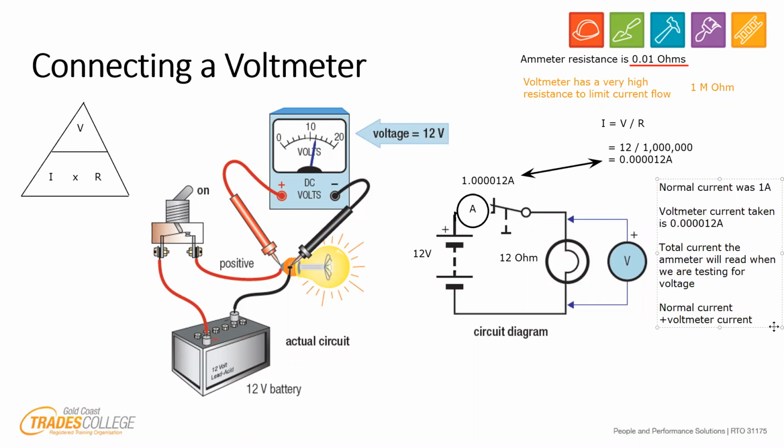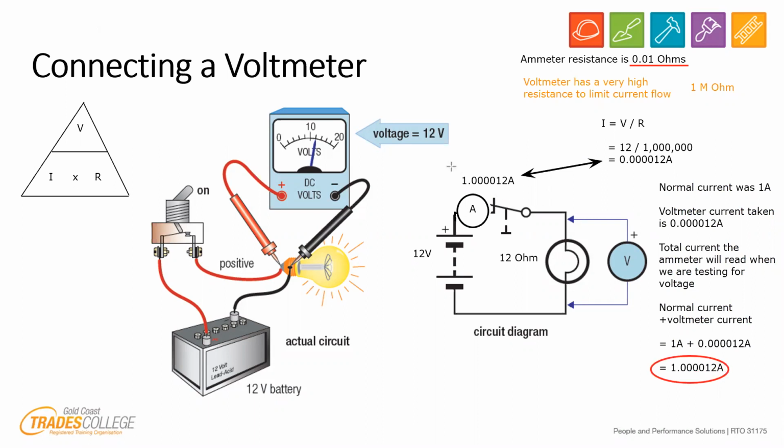So the normal current was 1 amp, and then we add our 0.000012 amps, which leaves us with a new value in the ammeter reading of 1.000012 amps there.